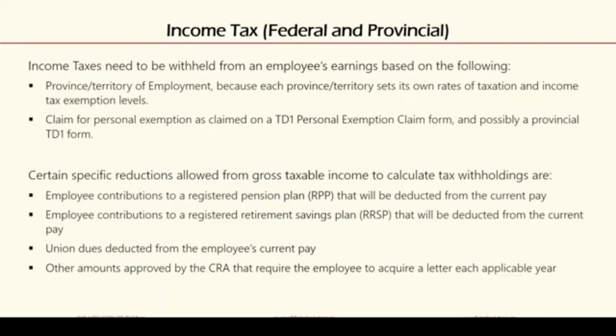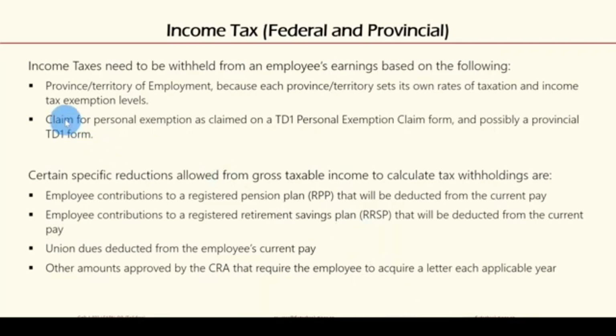The third one is income tax, federal and provincial. Income taxes need to be withheld from an employee's earnings based on the following: province or territory of employment, because each province or territory sets its own rates of taxation and income tax exemption levels; and the claim for personal exemption as claimed on a TD1 personal exemption claim form and possibly a provincial TD1 form.